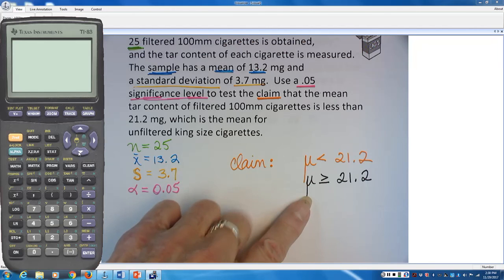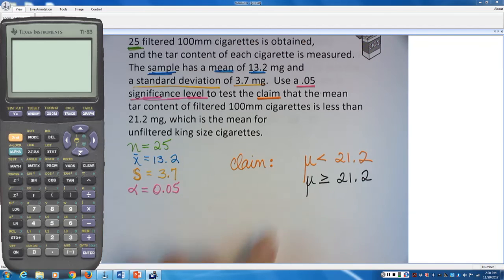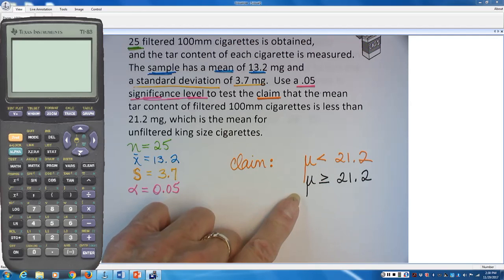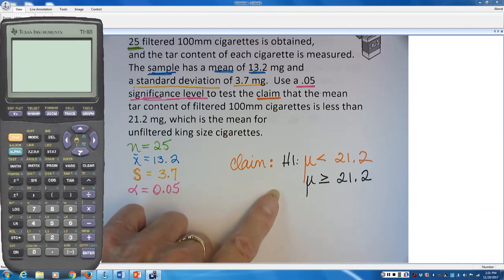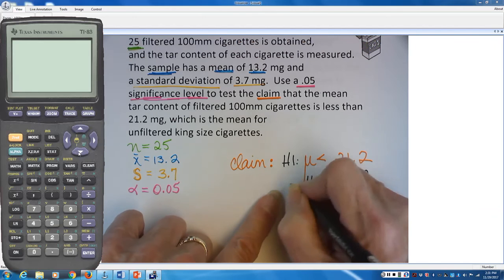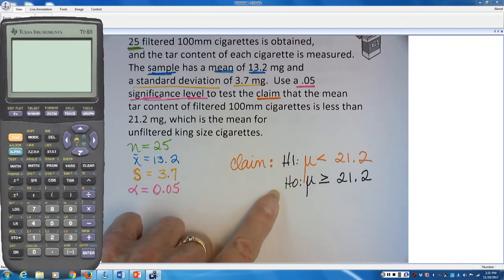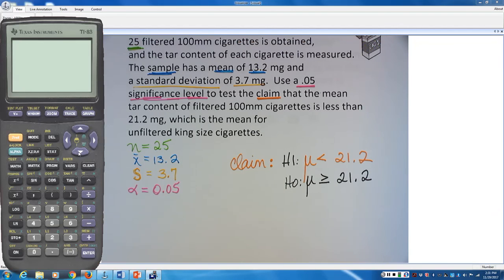But this is probably a consumer agency that's trying to figure out if they have too much tar. Which of these is H0 and which is H1? Okay. And that means H0's got to be the second one. So we'll go ahead and do the t-test.